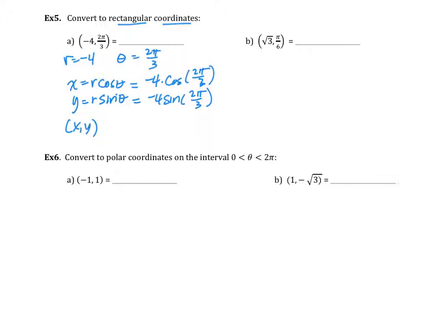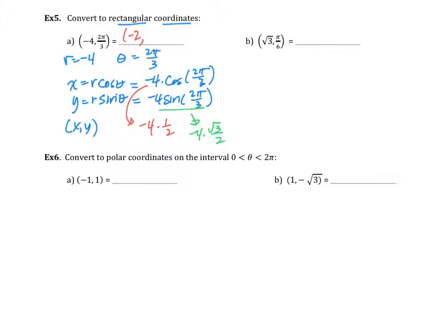So cosine of 2 pi over 3 is what? You might want to pause here and try that on your own. I'm running out of room, sorry. So -4 times 1/2, so we get a -2. And then for sine, it's -4 times √3 over 2.